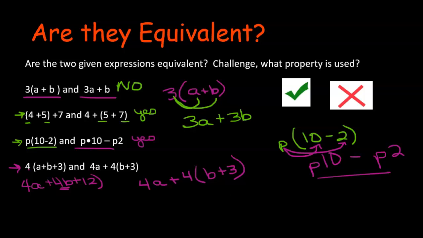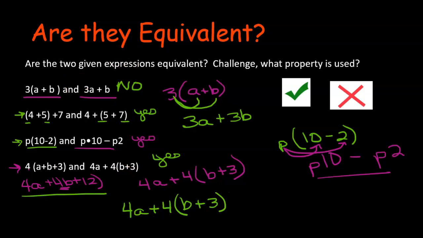So we use the distributive property. This is a yes. First, we use the distributive property to get this here, but then I call it factored out of 4. We kept this A here, but we are able to factor out a 4. So yes, these two are equivalent. If you put the same numbers in for A and B on both sides, you'll get the same answer. Okay, that's a little bit more abstract, but you'll get it.